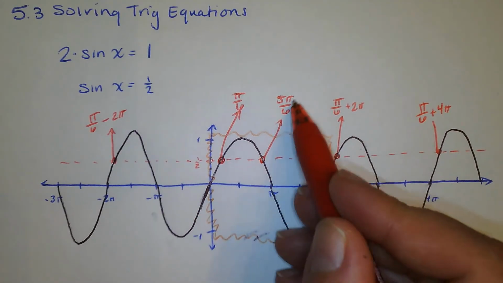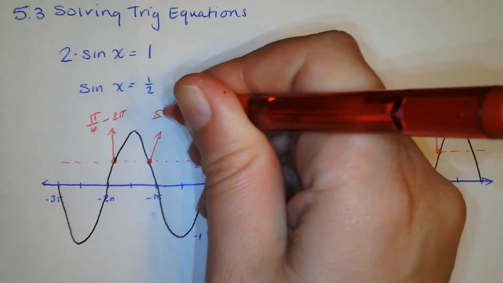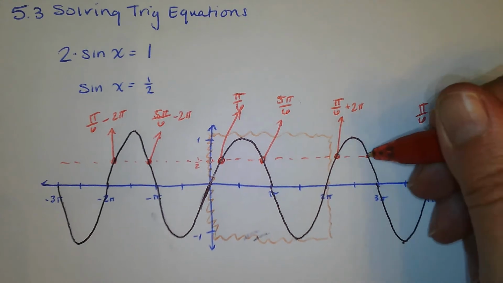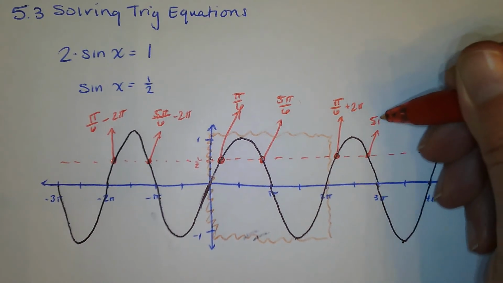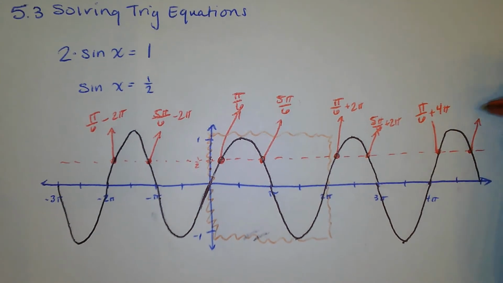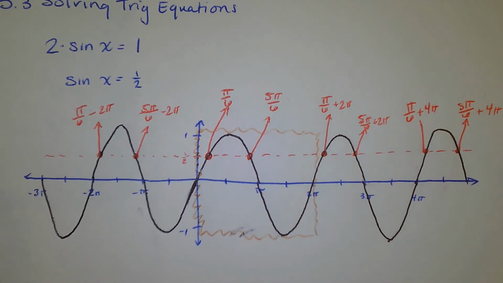These ones will correspond with the 5 pi over 6, so this would be 5 pi over 6 minus 2 pi. This one is 5 pi over 6 plus 2 pi, and this one is 5 pi over 6 plus 4 pi. Oops, running out of room.